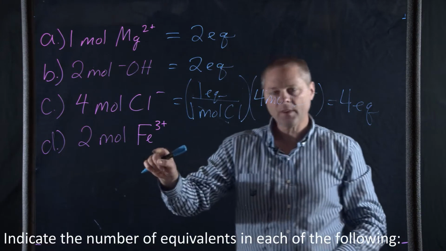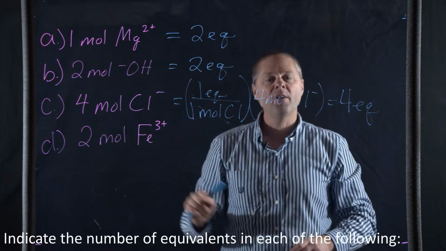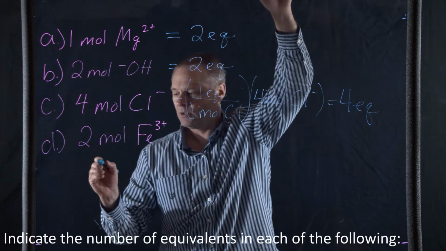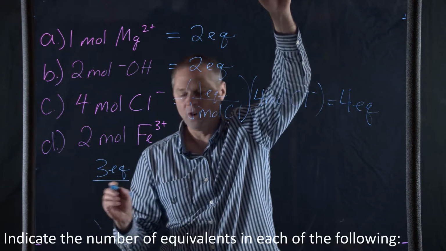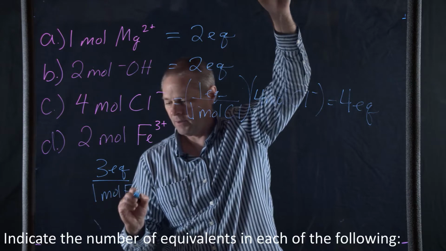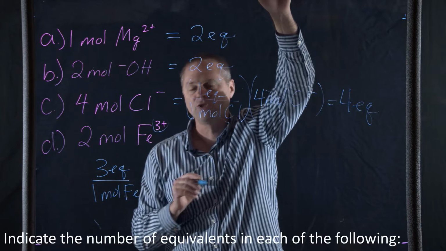All right. Down here for the iron, each mole of iron is going to contribute 3 equivalences of charge. So we have 3 equivalents of charge for every 1 mole of iron. And where I'm getting the 3 from is from the charge right there.